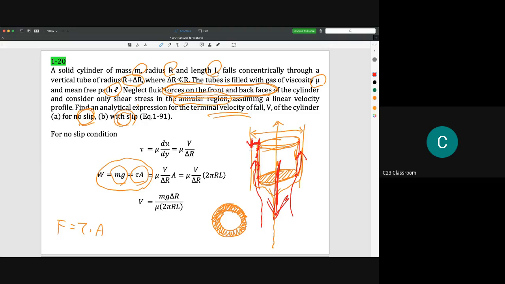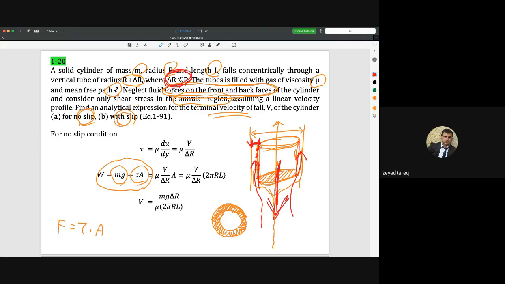That's why in the question they give you delta R as very, very small compared to R. If the cylinder is falling down in a very tight hollow cylinder, the falling speed is very slow. Can you imagine?